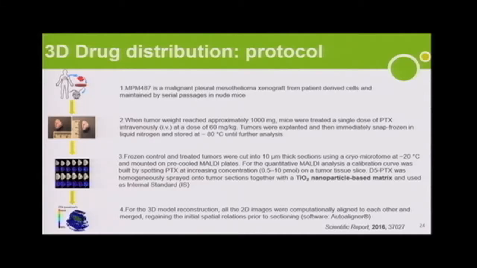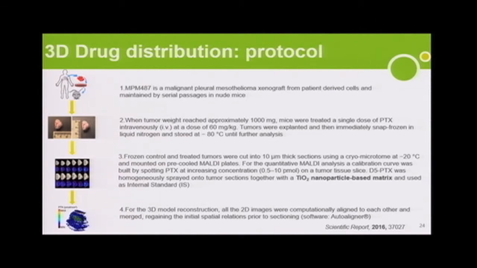I will not go into the detail because we have not so much time. I only want to mention the cell line, MPM 487, a malignant pleural mesothelioma xenograft, which is normally resistant to anti-tumor drugs, and so we decided to work on this cell line.